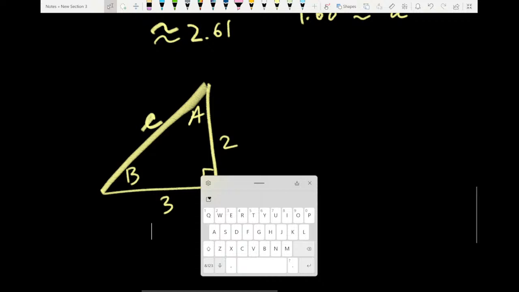This is a little bit tricky one. Let's wait a little bit longer.